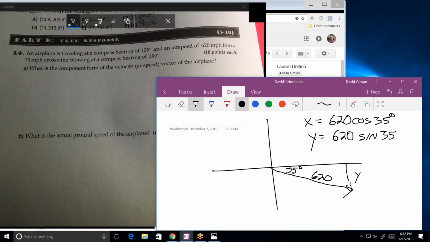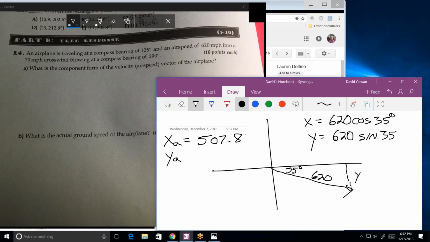Yes. Okay. So over here on the left, I'm going to write the horizontal component of the airplane. What is that going to be? And the vertical component. Oh, so I just have to solve them? Okay, one sec. The horizontal is 507.87.